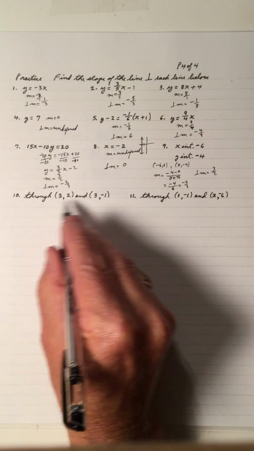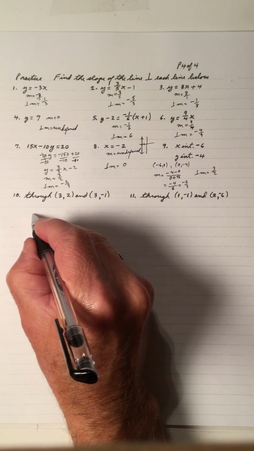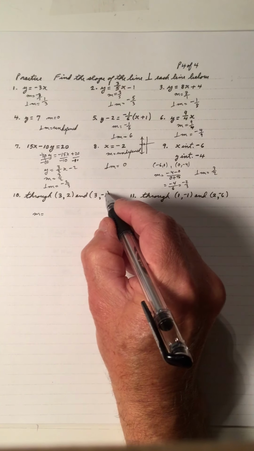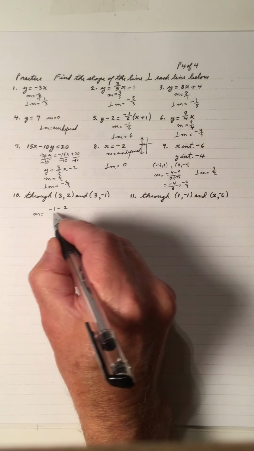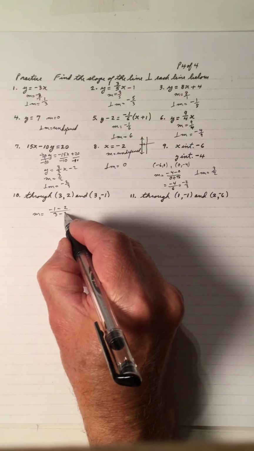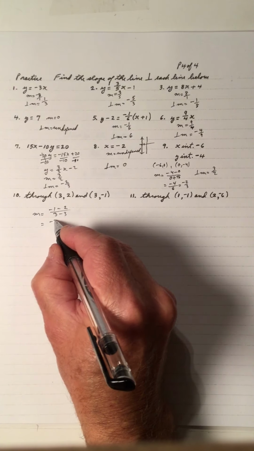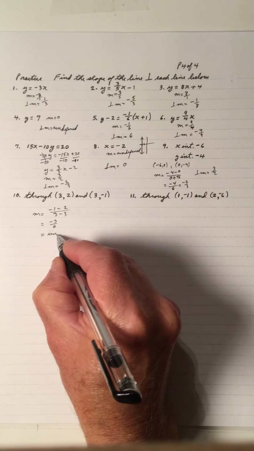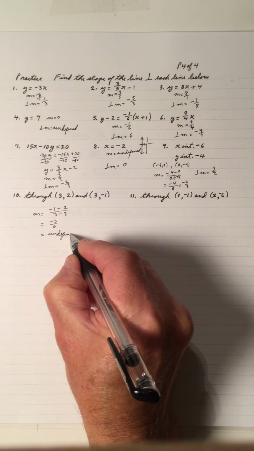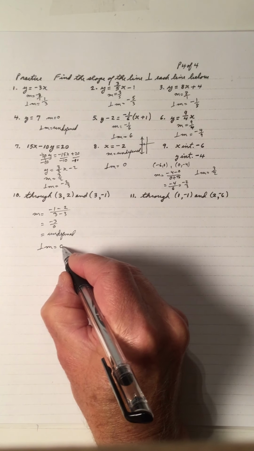And the slope of the line through these 2 points, so the slope is y2, which is negative 1, minus 2, over 3 minus 3, so y2 minus y1. That gives me negative 3 over 0. Negative 3 over 0 is undefined. So the perpendicular slope is a horizontal line, which is 0.